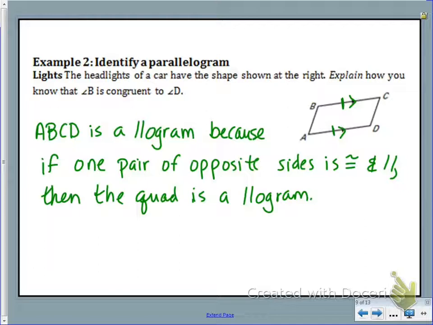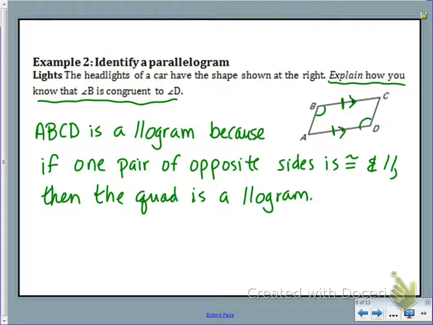Your support today, when you give a reason for why it's a parallelogram, is one of the 4 boxes in your notes. So those are the 4 main if-then statements that you can use to show something's a parallelogram. If-then statements are really, really important, so please make sure you know those. Now, we've established that this is a parallelogram, but it didn't ask us to do that. It asked us to explain how you know that angle B is congruent to angle D.